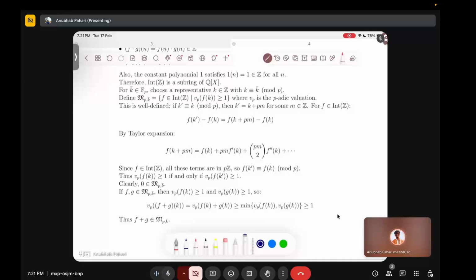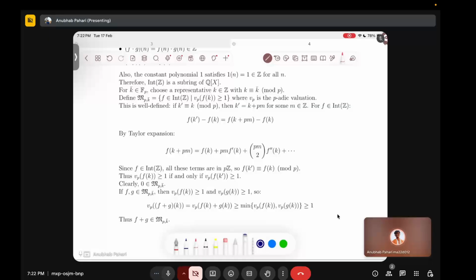By Taylor expansion, f(k plus pm) is f(k) plus pm f'(k), plus a combination up to two elements, f''(k), and so on.